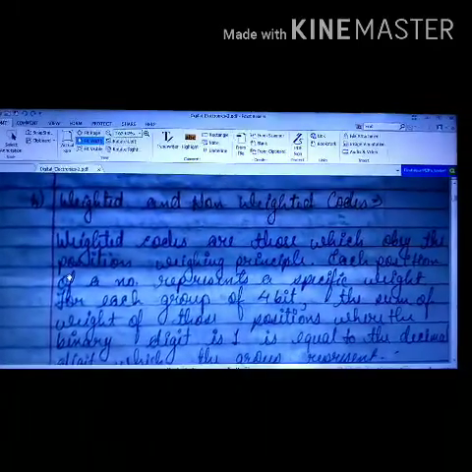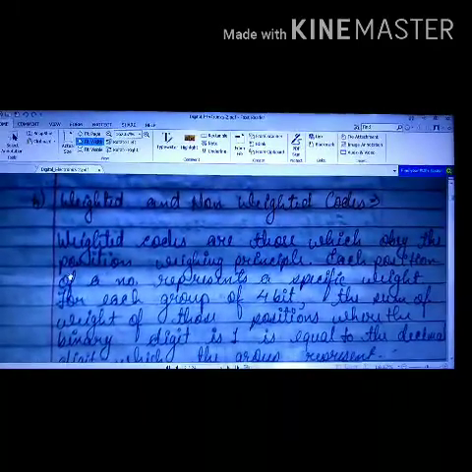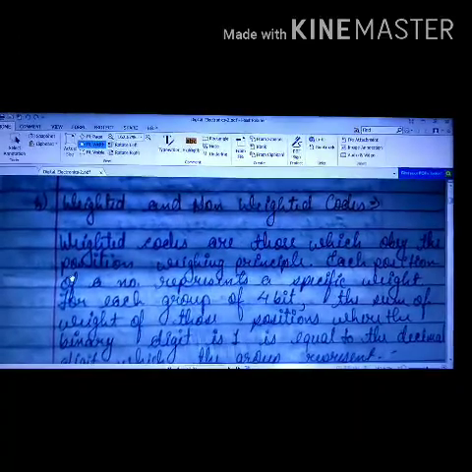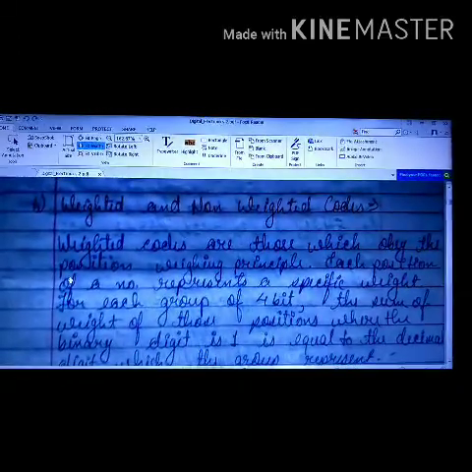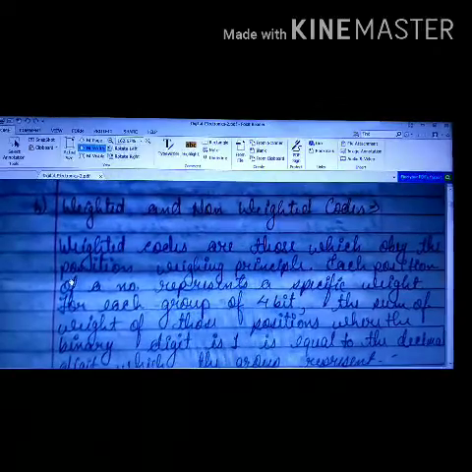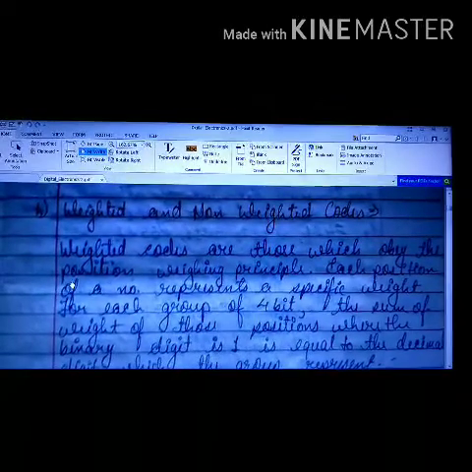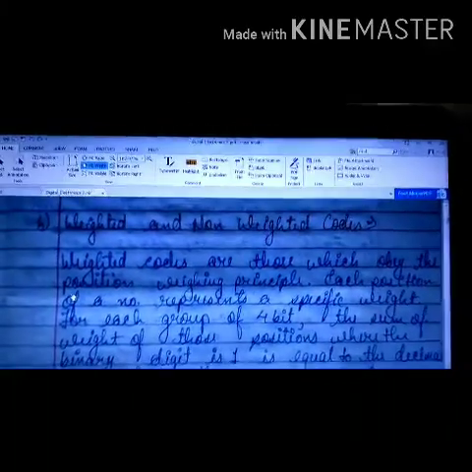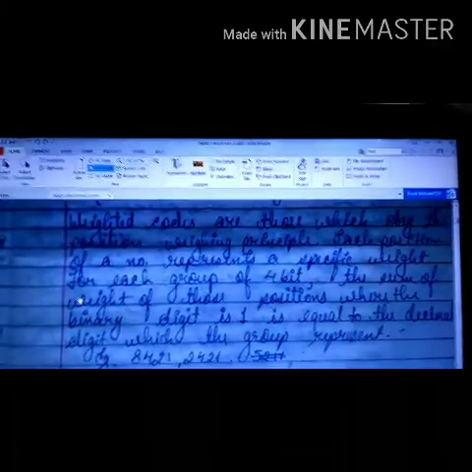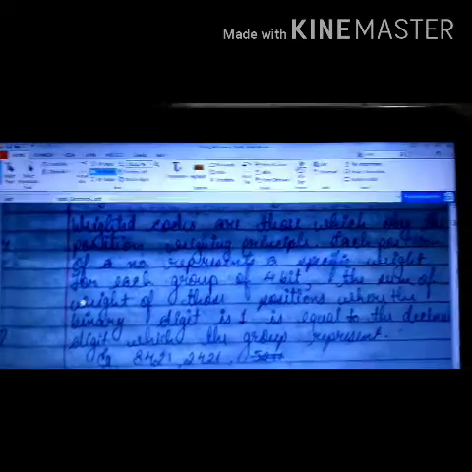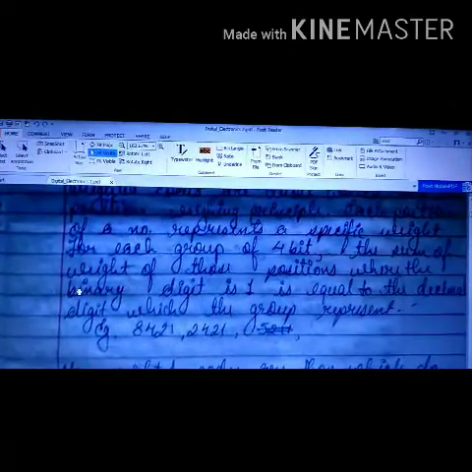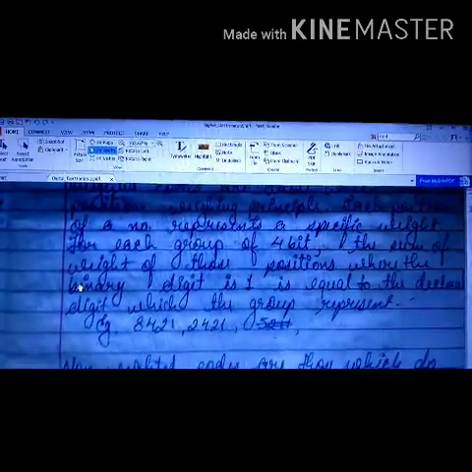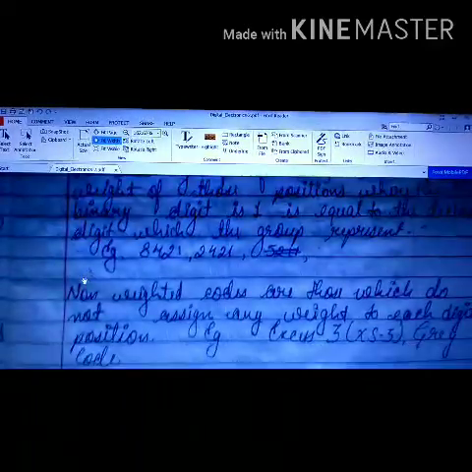Weighted codes are those which obey the position weighing principle. Each position of a number represents a specific weight. For each group of 4 bits, the sum of weights of those positions where the binary digit is 1 is equal to the decimal digit which the group represents. Examples of weighted codes are 8421, 2421 and so on.